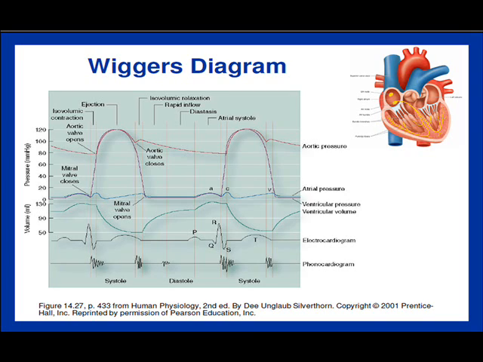So, when the pressure in the left ventricle is greater than the pressure in the left atrium, because we've got more volume of blood, that valve is going to shut. It's a pressure change: the pressure in the left ventricle is greater than the left atrium, so it's going to shut that mitral valve.